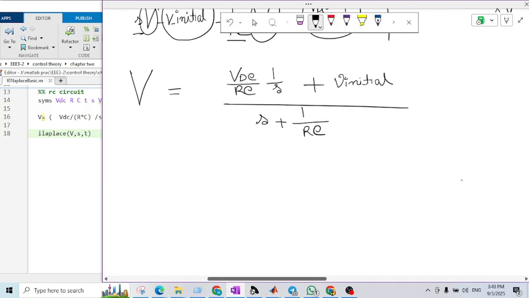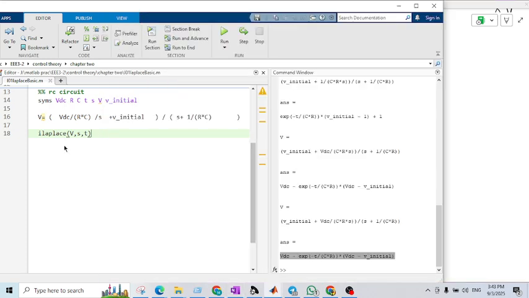Well, so this is actually the equation for V, and you see that this is in S domain, right? But we have to convert it into time domain, and this will be done by the MATLAB code.